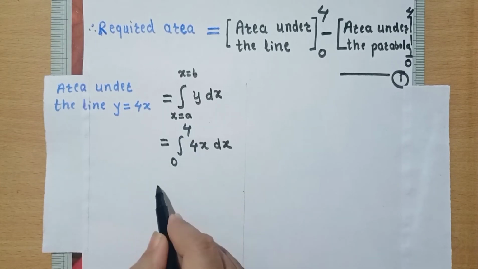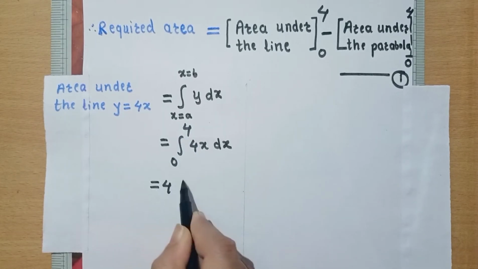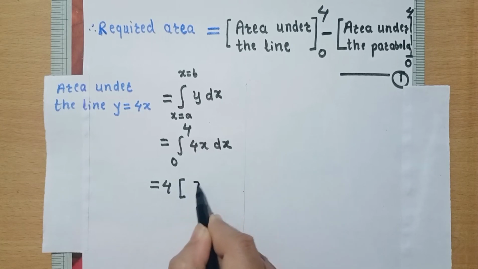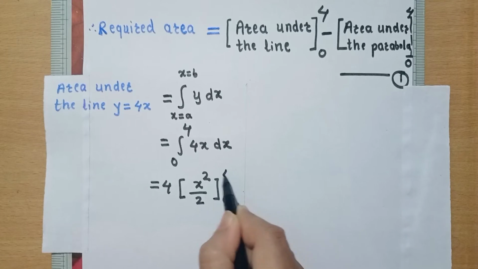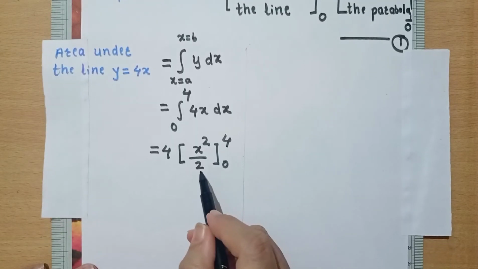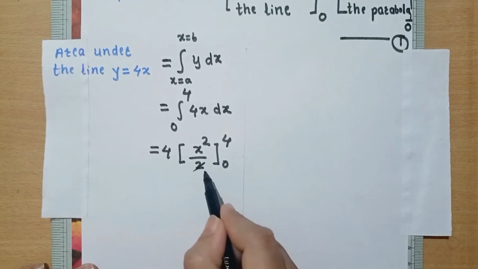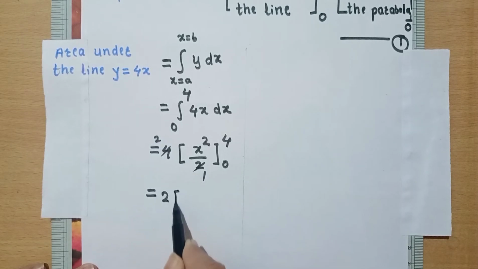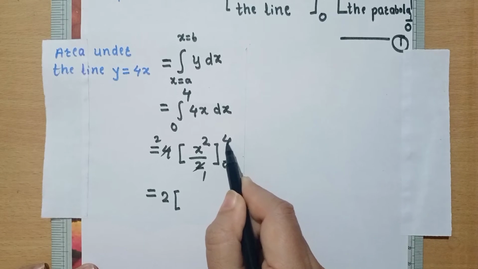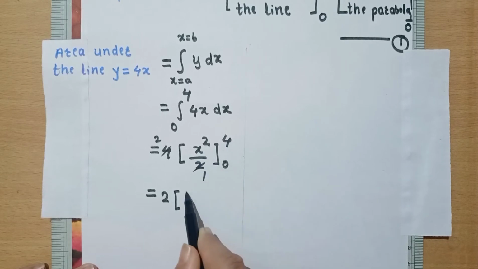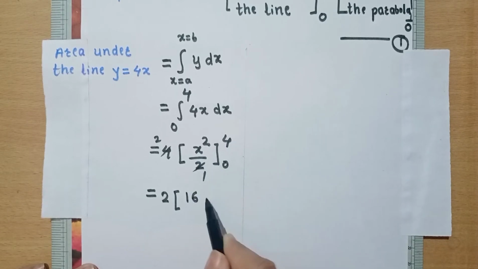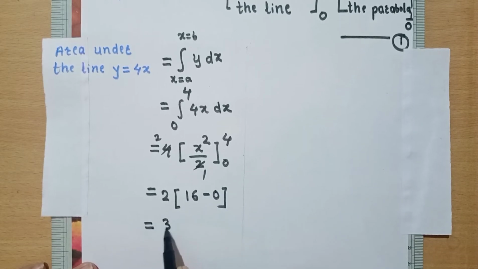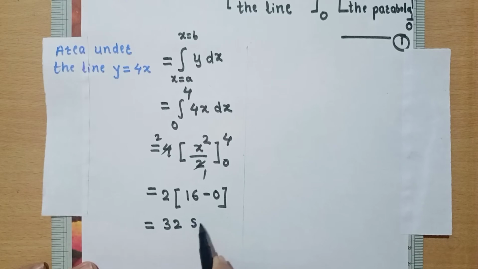Again this 4 is constant, so 4 outside, and integration of x is x square upon 2. Limits are from 0 to 4, and take this 2 outside. So here 2 ones are 2, 2 twos are 4, so final answer is 2. Substitute upper limit first. 4 square is 16 and 0 square is 0, and so answer is 32 square units.